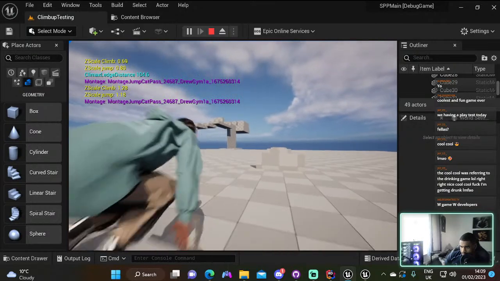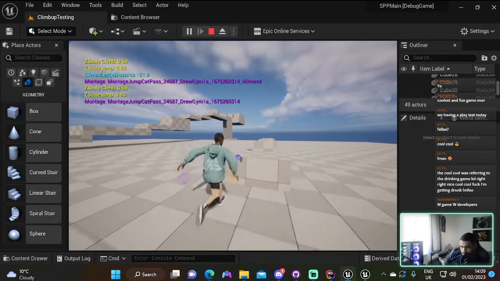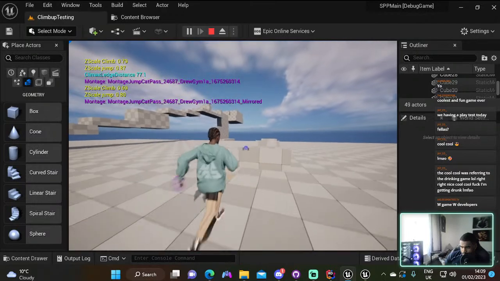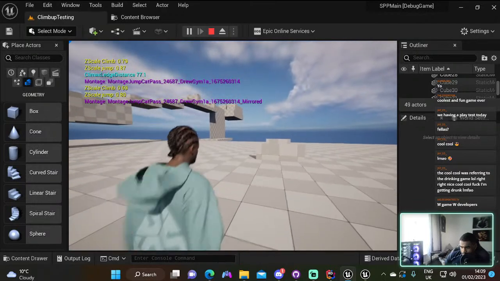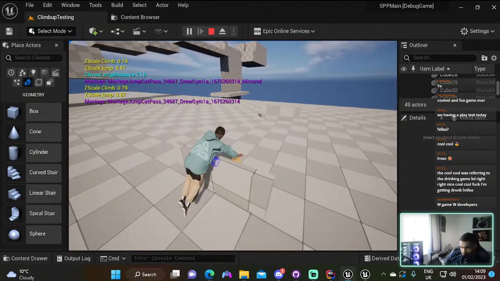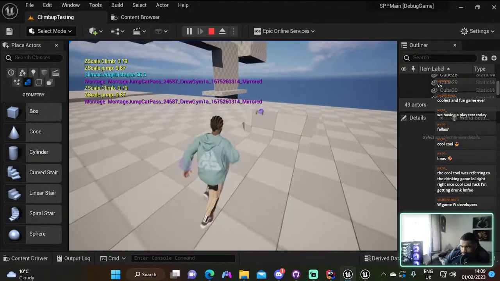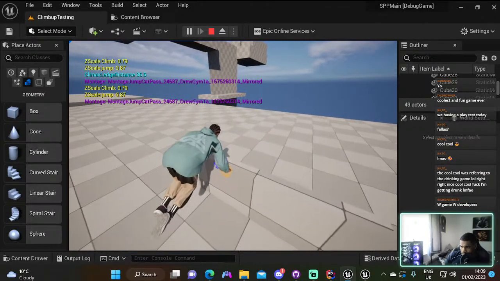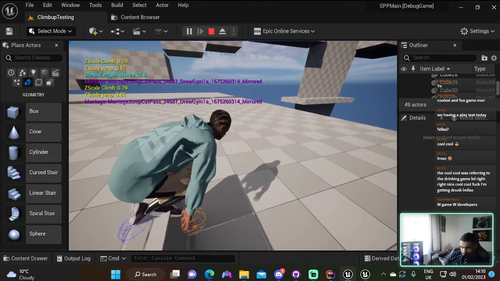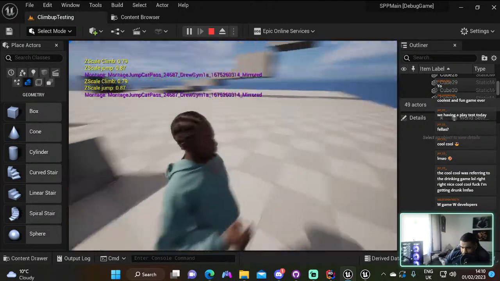It's a bit weird on the end. What is happening at the end? Why is it just halting the motion? That looked good.